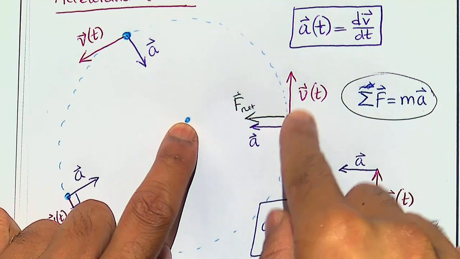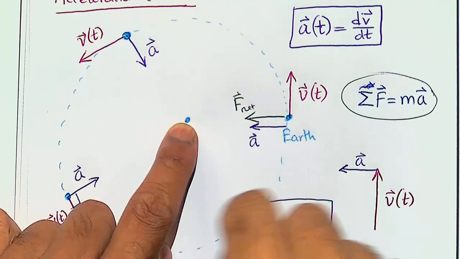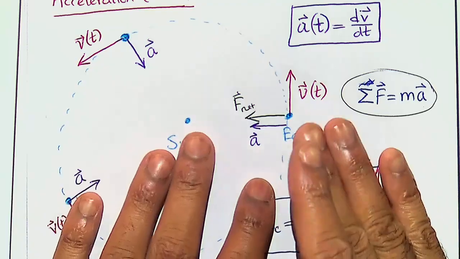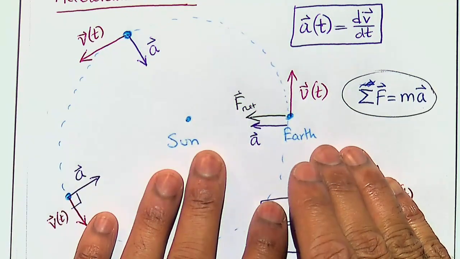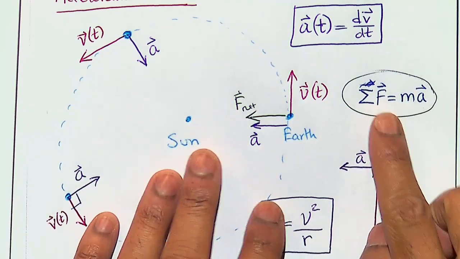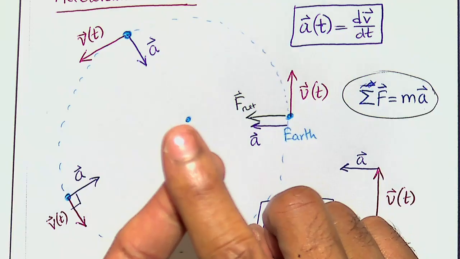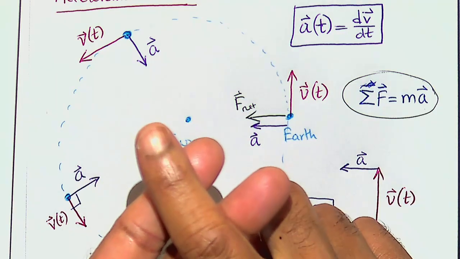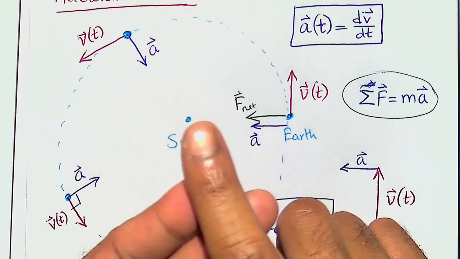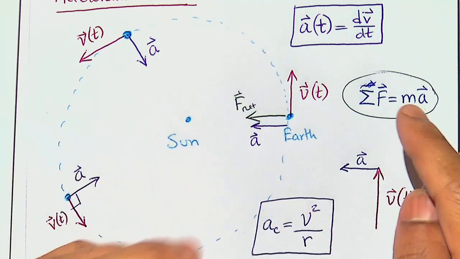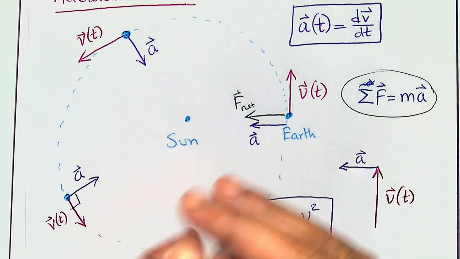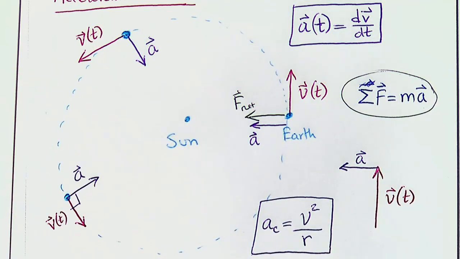In reality, it's changing by a very, very small amount as the Earth goes around the Sun, but you can approximate it as not changing. In that case, the universal gravitational constant, big G, is not changing, the mass of the Sun is not changing, the Earth is not changing mass, and the distance is not changing. Nothing's changing in terms of the force. So the acceleration is the same in terms of magnitude.